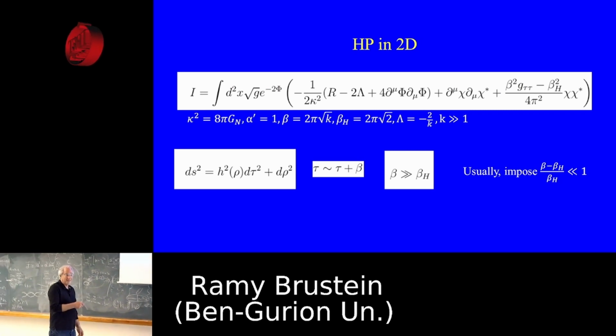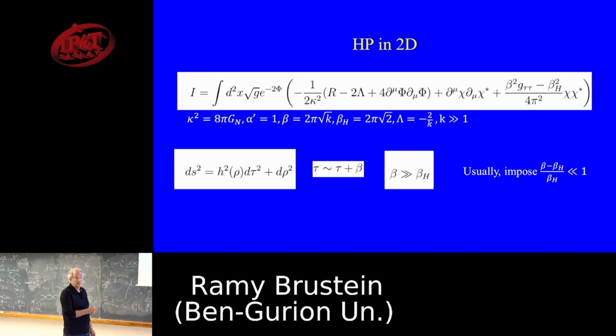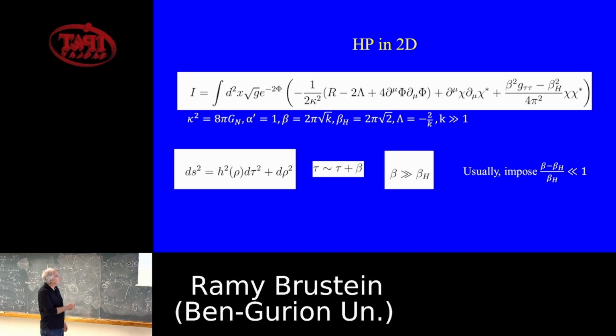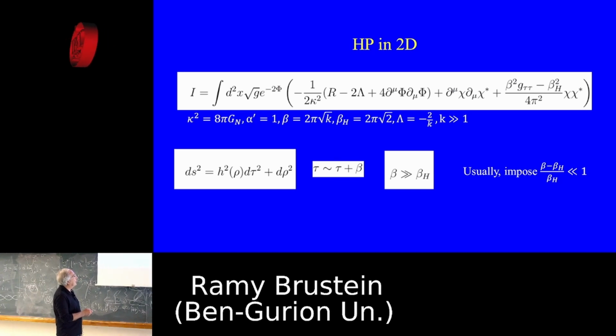So now I write the same action that I wrote before in 2D. And the metric, I take it to be like so. So this is GTT, or G tau tau. And I'm using coordinates where GRR is 1, tau is periodic with a period of beta, and beta is much larger than beta_H. Okay, and this is related to what Joseph was saying previously. And to do that, I need k, the level, to be much larger than 1.